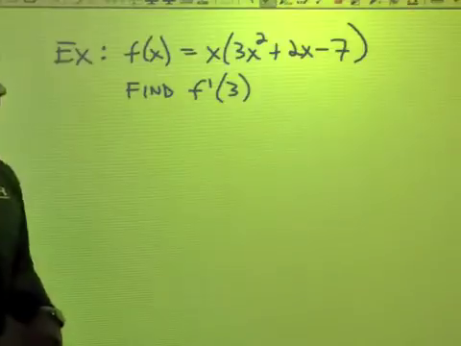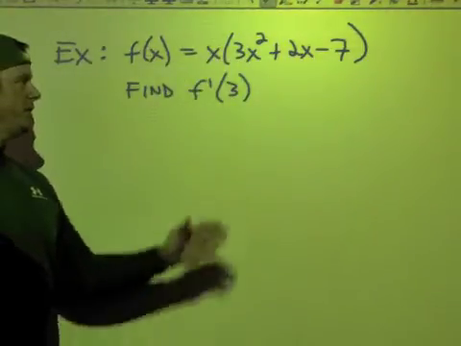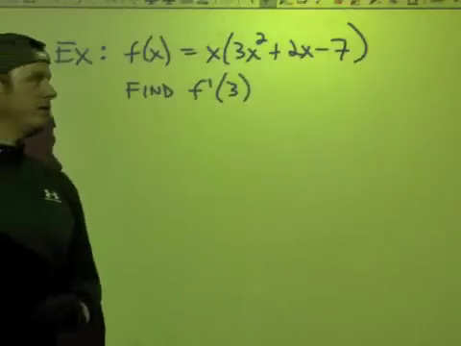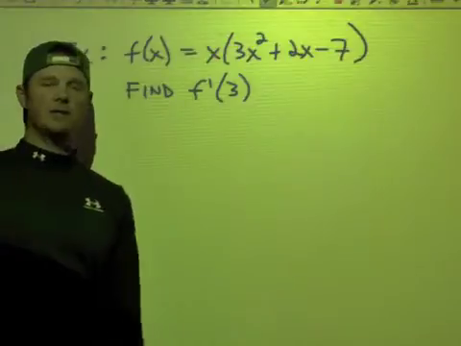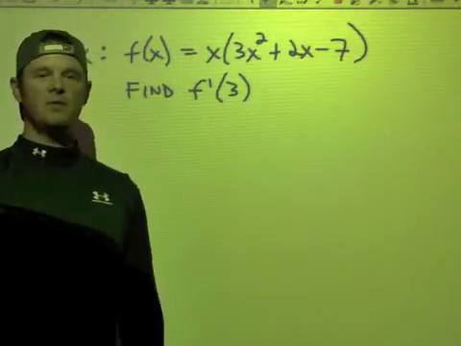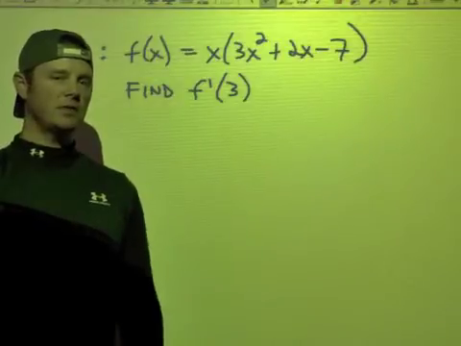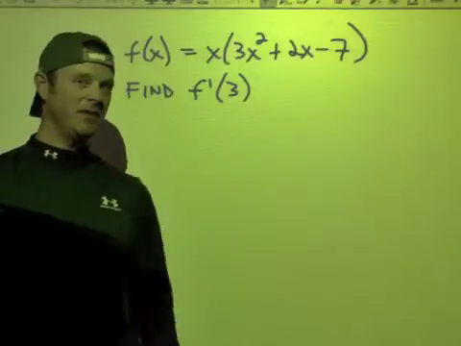So simplify this by distributing the x. Use the power rule to find the derivative. Plug in 3 to find the derivative at 3. So if you can pause the tape or pause the DVD player for about 2-3 minutes and let the students work on this. I'll be back with the answer in a second after this commercial message.